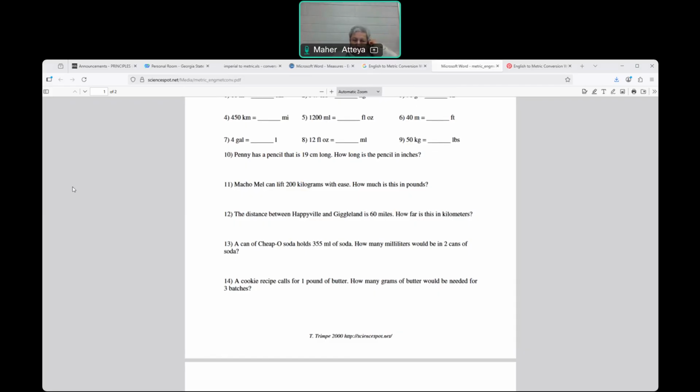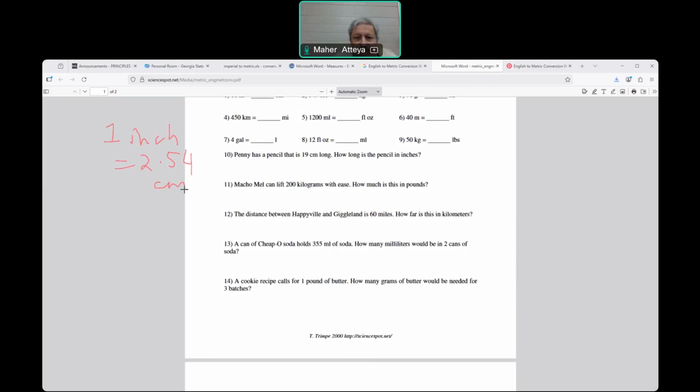Let's start sharing some information about metrics. We have a pencil that's 19 centimeters long. How much is this in inches? You don't have to memorize this, but if you are exposed to it for a longer time, you can see that one inch is 2.54 centimeters.